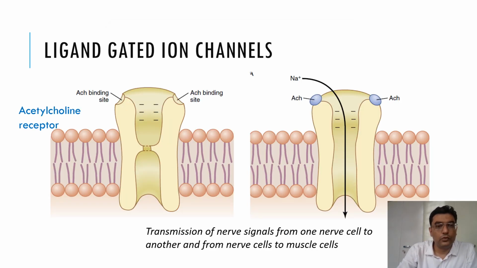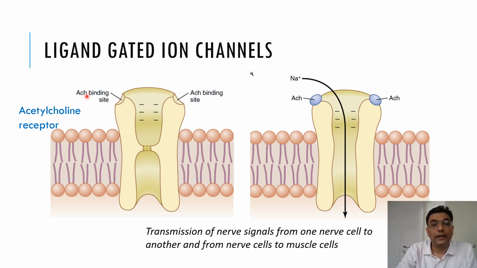Now we will see one more channel protein that is also very important, just like voltage gated ion channels, and this is the ligand gated ion channels. Here, when the ligand binds to the ion channel, the channel will open. One such ligand is a very important transmitter in our body, known as acetylcholine, or ACh. ACh binds to the ACh binding site of the acetylcholine receptor.